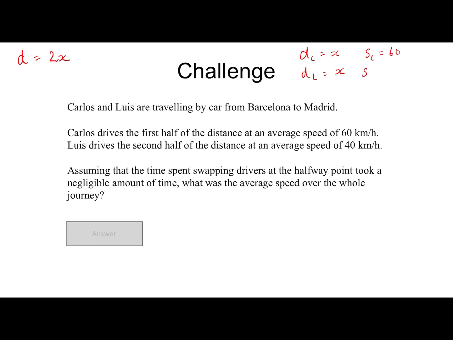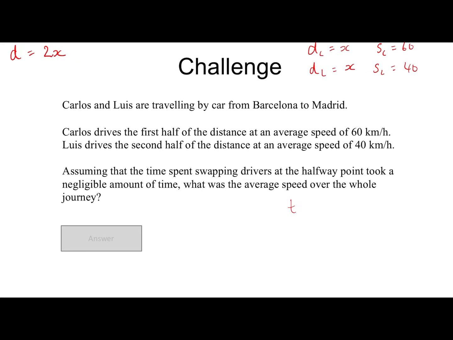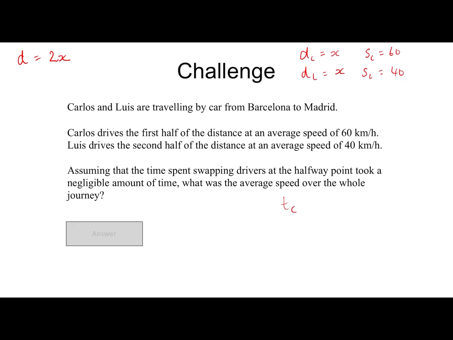And the speed of Carlos is equal to 60, and the speed of Luis is equal to 40. So what I can do is find out the time for Carlos. Okay, time is equal to distance over speed. So that's going to be x over 60 for Carlos.